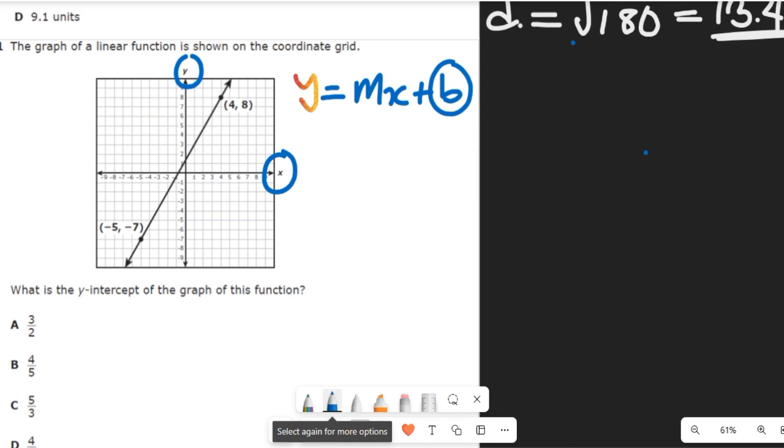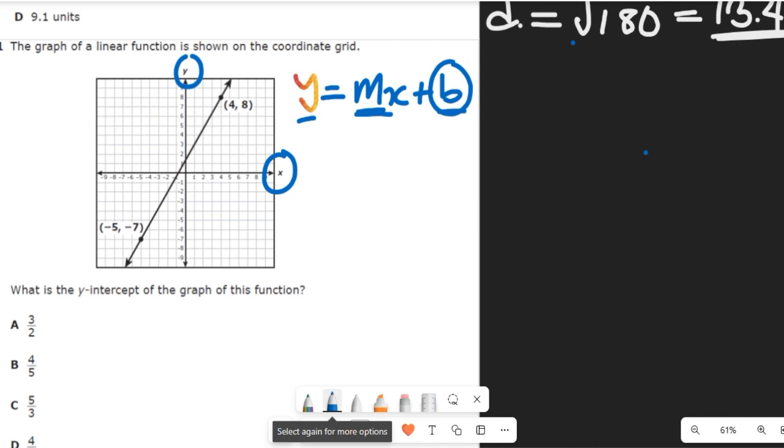Now we're given 2 points, the point (4, 8) and the point (-5, -7). So if we can find the slope, and then we use one of these points, we can find the intercept. So the question is, let's find the slope.